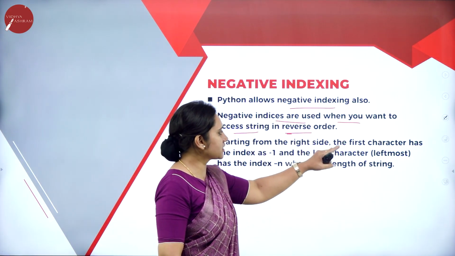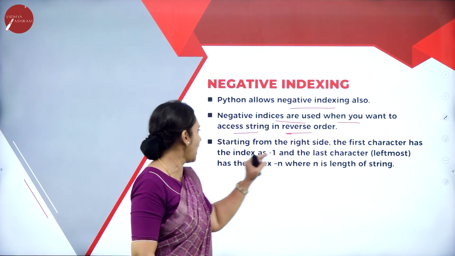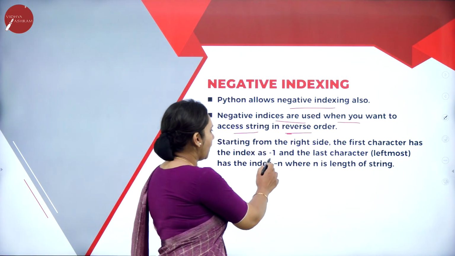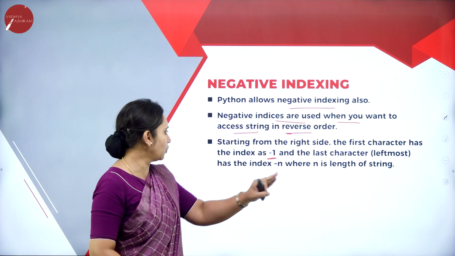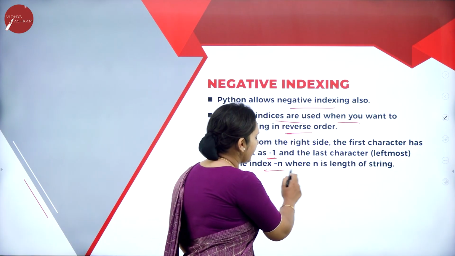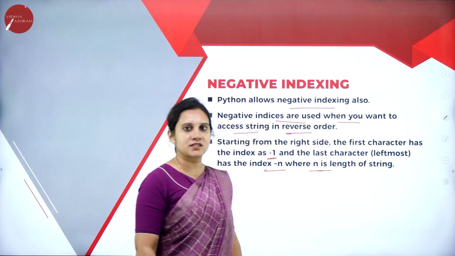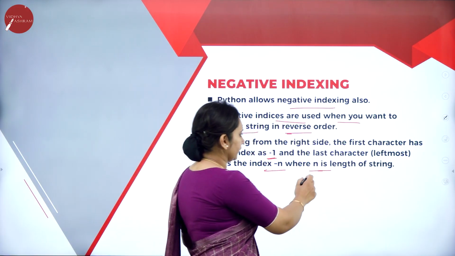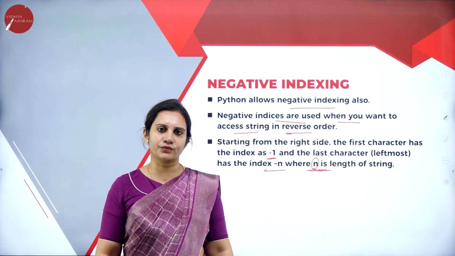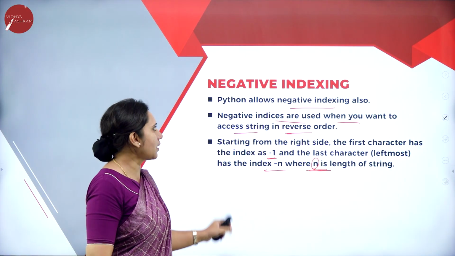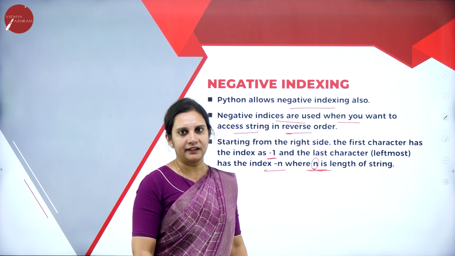Starting from the right side, the first character has the index -1 and the last, leftmost character has the index -n, where n is the length of the string. So this is about negative indexing.